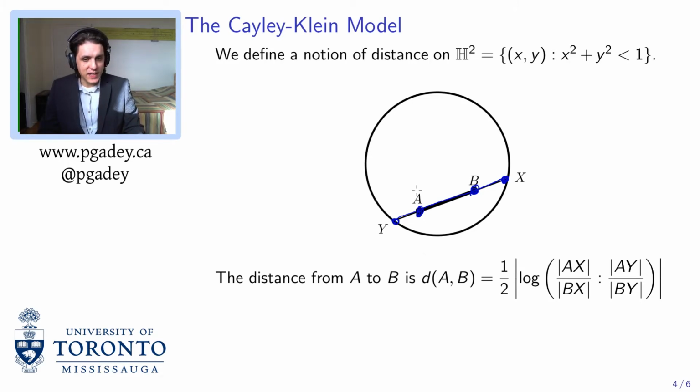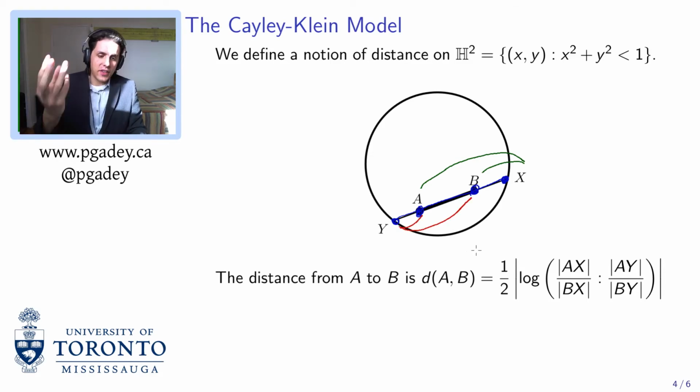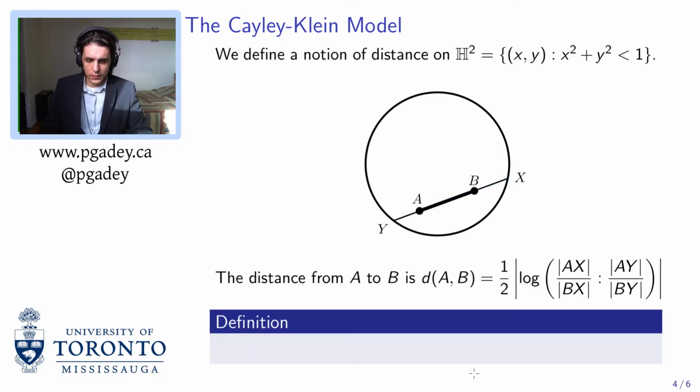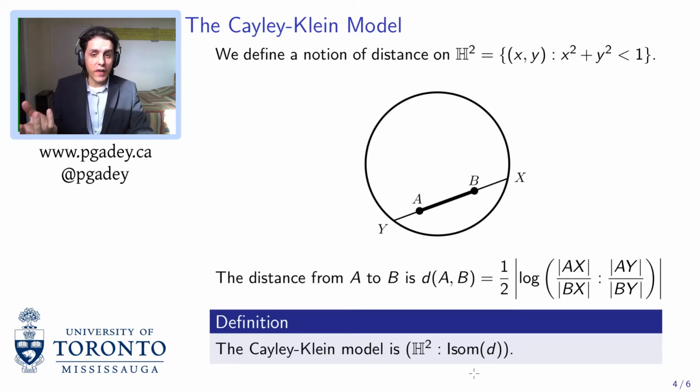So we take the distance AX, the distance BX, the distance AY, and the distance BY. And this forms the components of the logarithm that we use to measure distance. So the Cayley-Klein model is defined to be the disk together with the isometry group of this distance.